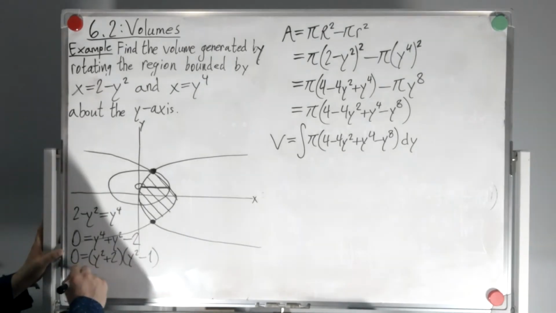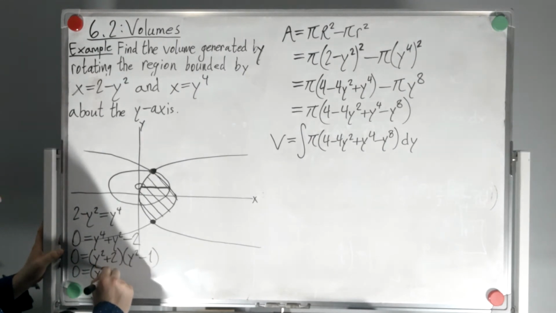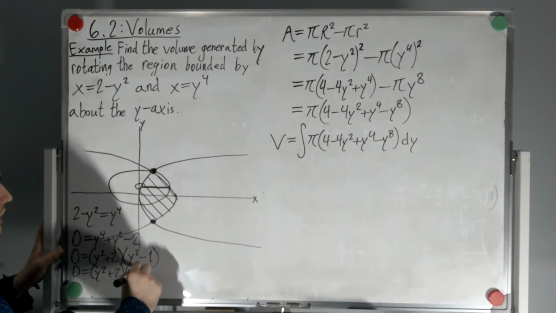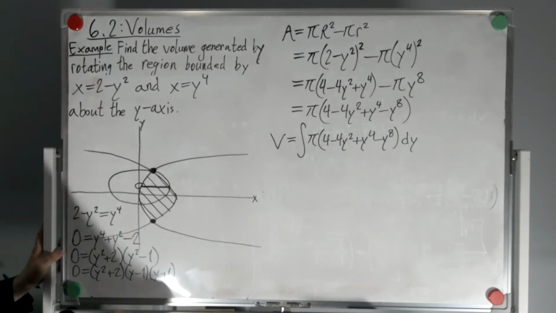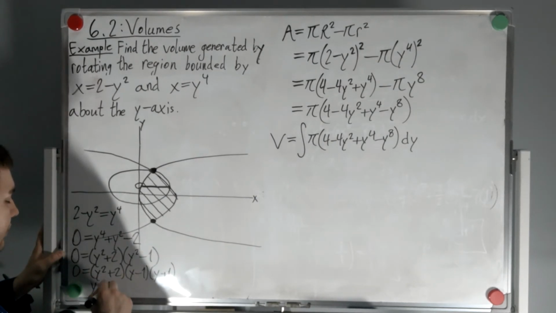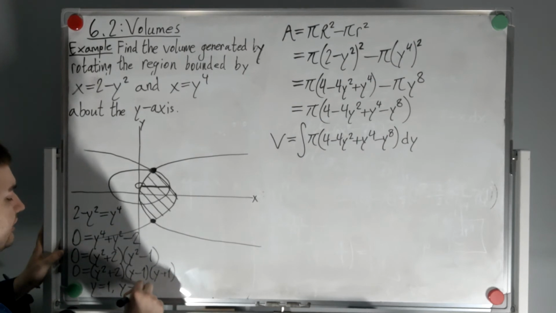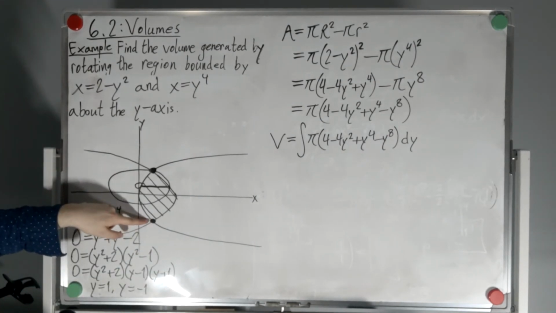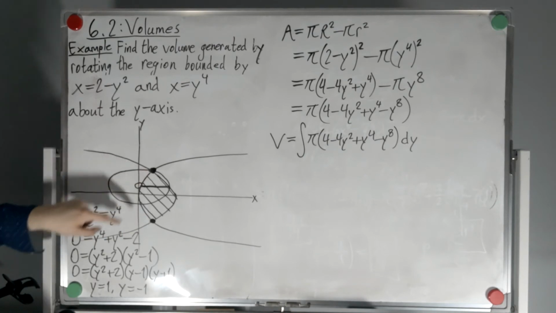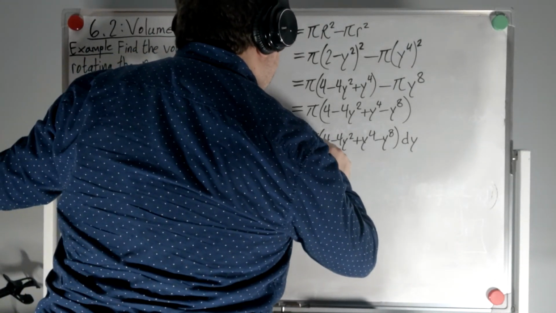That gives us 0 equals (y squared plus 2)(y minus 1)(y plus 1). So we get two solutions here, y equals 1 and y equals negative 1. Naturally, y equals negative 1 is here, and y equals 1 is here. So, negative 1 to 1.